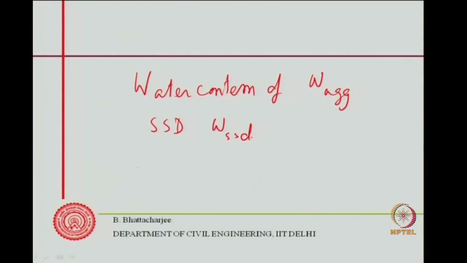So, excess water would be, this is let us say for the coarse aggregate, fine aggregate let us say is negligible water absorption and there is no water at the site as well. Then you have to subtract this. So, this is WAGG minus WSSD, if WAGG is greater. WAGG minus WSSD is the moisture content per unit SSD mass.